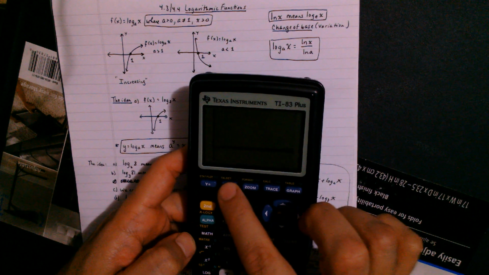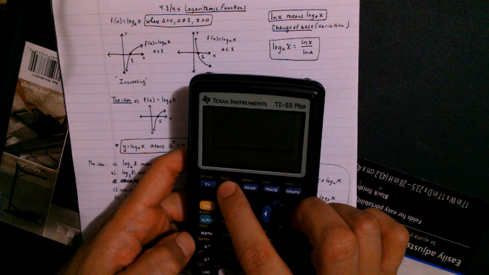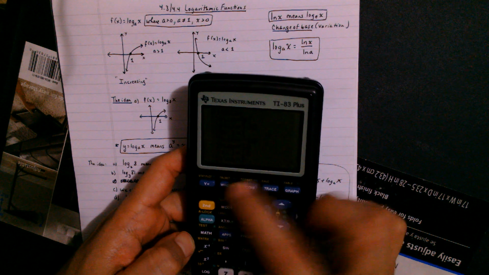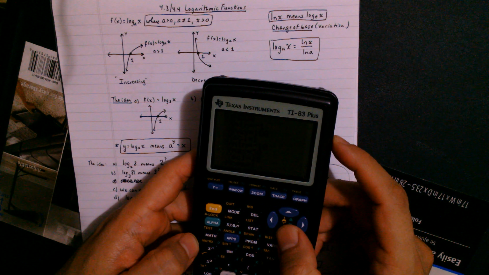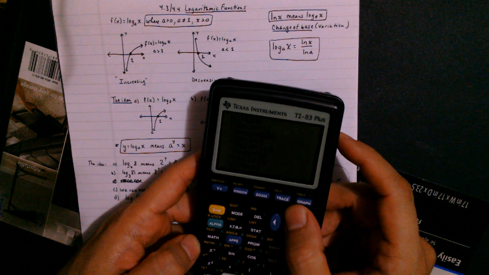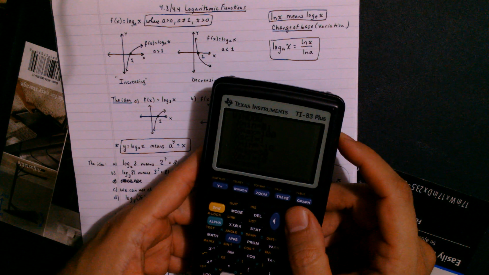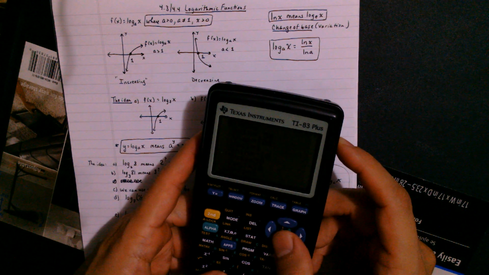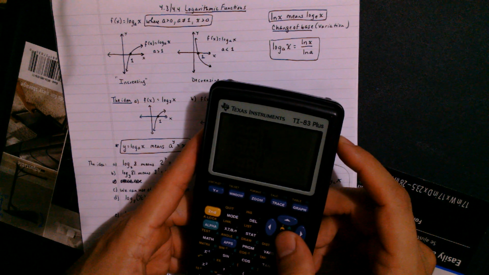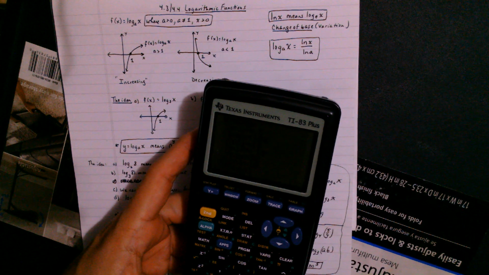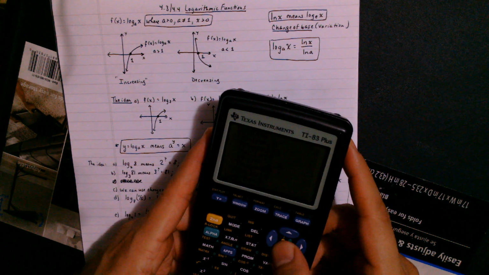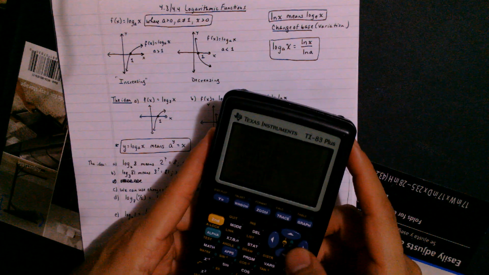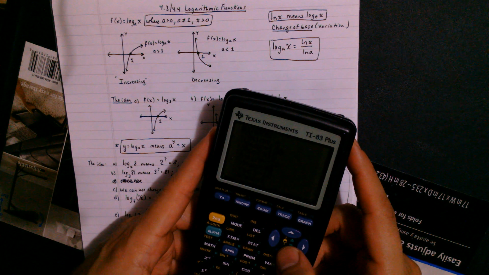Let's say the max is 0.5. Let's jump by 10. Let's say the minimum is negative 20 to positive 40.